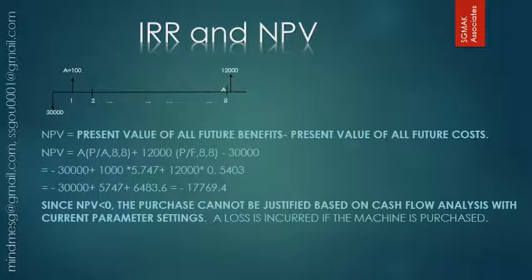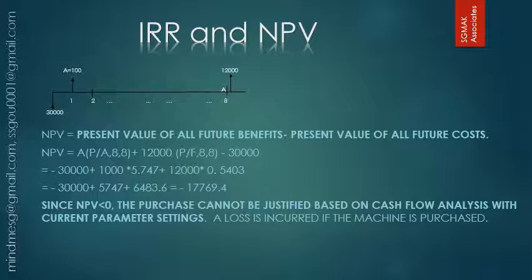So here is the cash flow diagram. Initial expense $30,000, that's the cost. Your annual benefit of $1,000, and then your salvage value of $12,000 at the end.